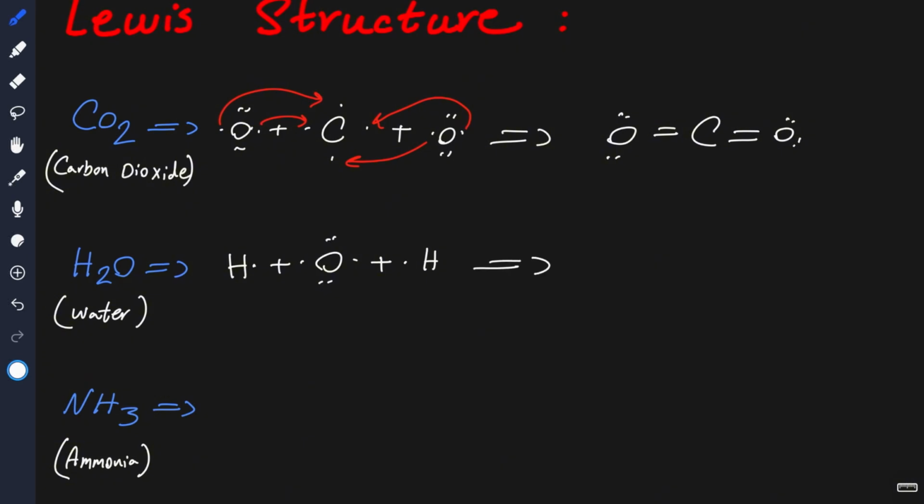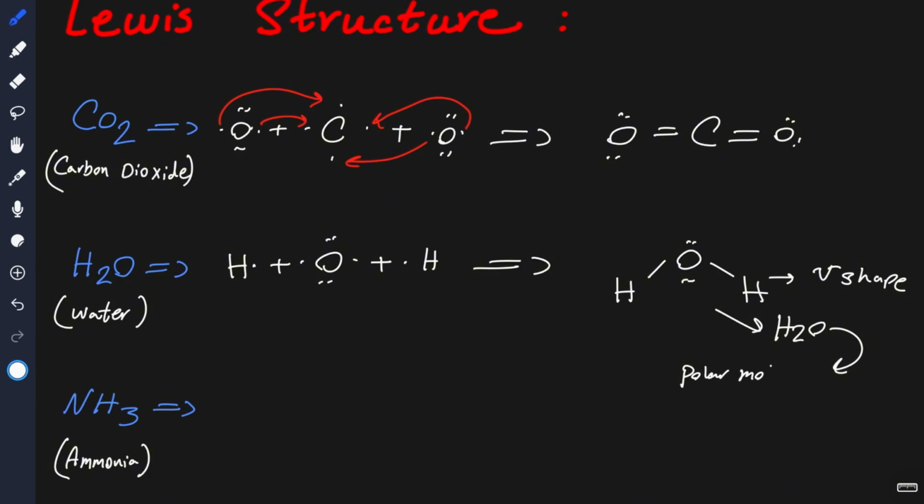So oxygen is the final form. It's a V shape. So H2O is a polar molecule.